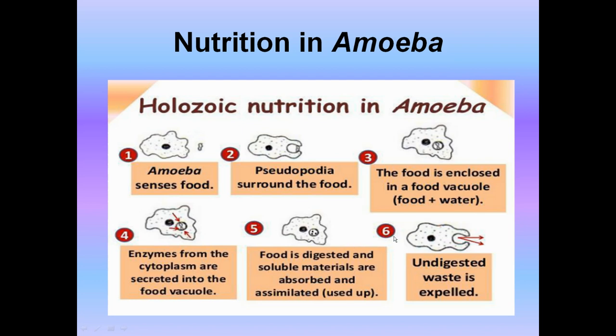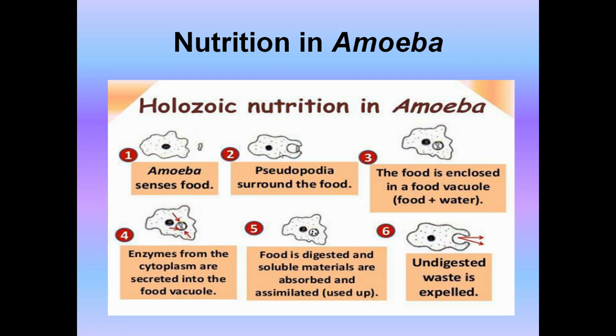And sixth step is egestion of undigested food substance from the body of amoeba. Right? You can see these steps and you have to learn these steps along with the diagram. You have to practice as a whole.